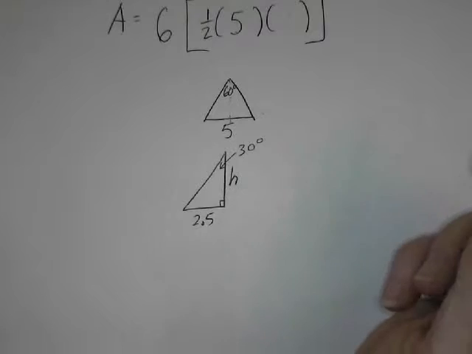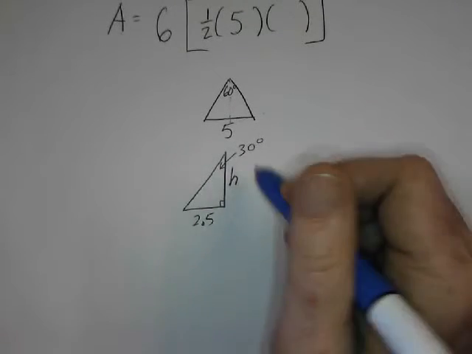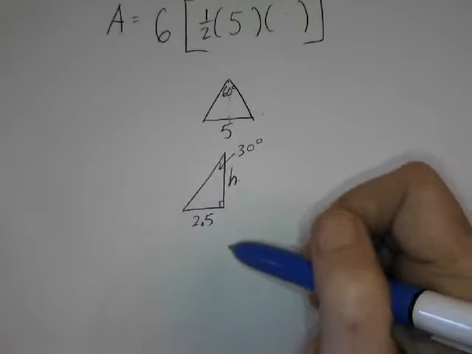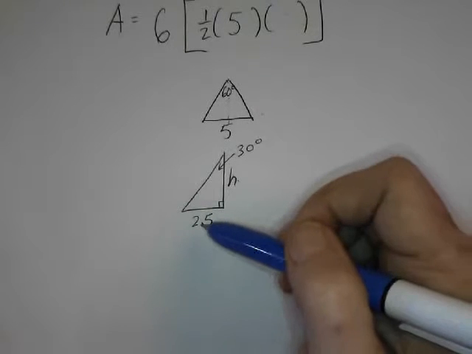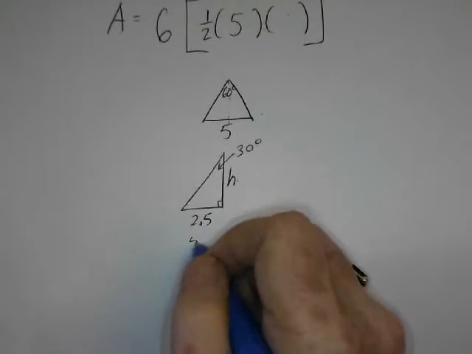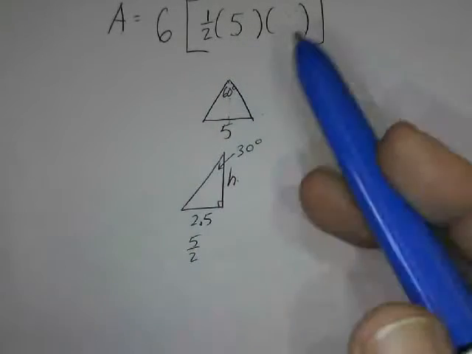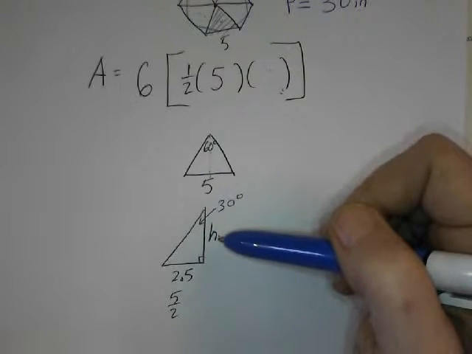I recognize this triangle as a 30, 60, 90 triangle, and I know that this side is going to be root 3 times this one. So this height that I want is going to be 5 halves times root 3.